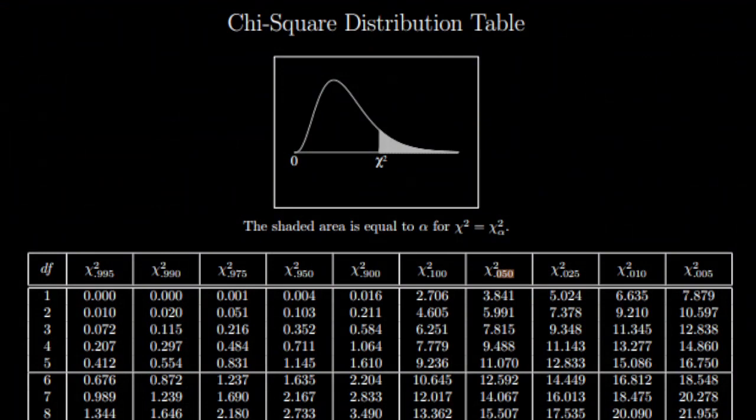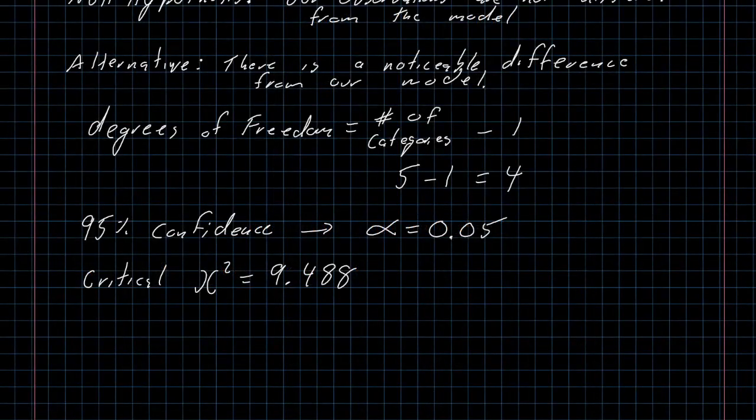And I go down and I find the row that matches up with 4 degrees of freedom to get the critical chi-squared value of 9.488. And I'll jot that down. Now I'm ready to test my distribution.